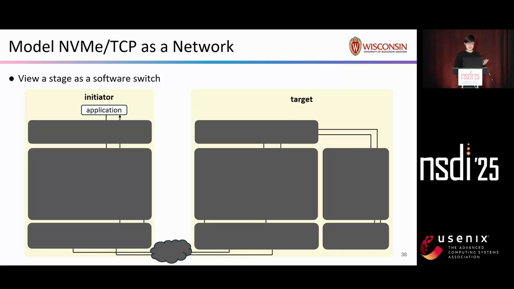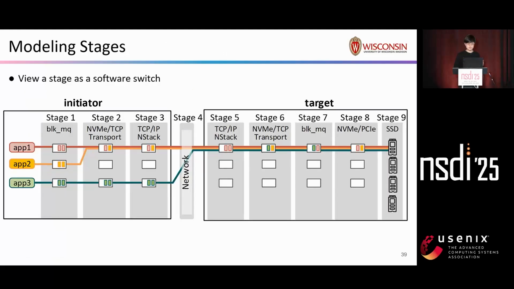We model each stage as a software switch. Specifically, we have 9 software switches here. Alternatively, we can draw the system overview in this way. There are 9 stages along the I/O path. Thus, the I/O path of an NVMe-TCP submission or completion response consists of a chain of switching queues.